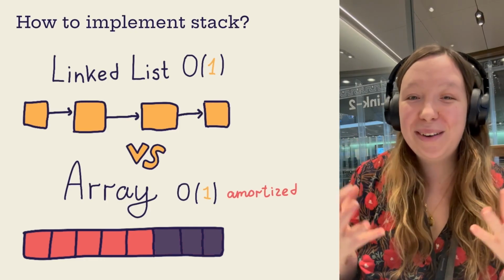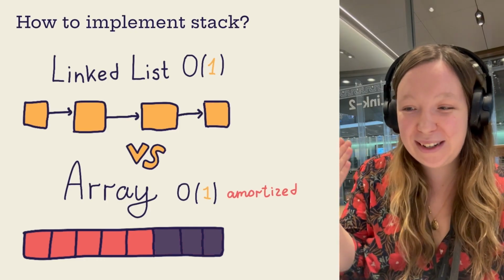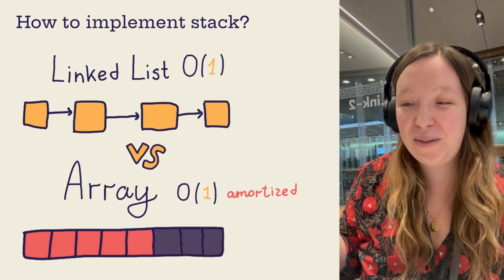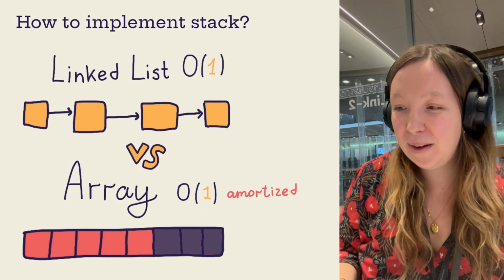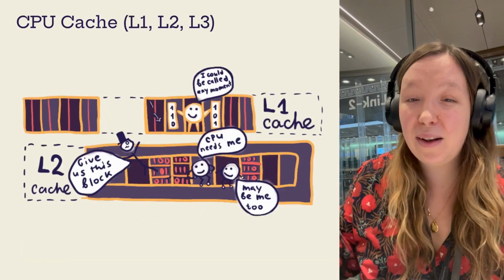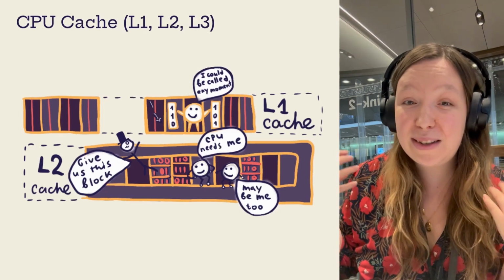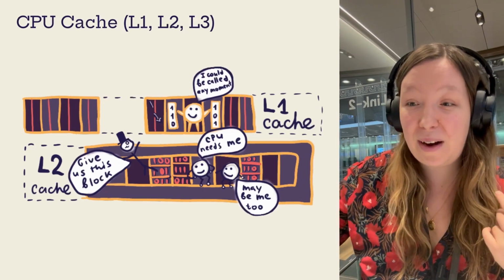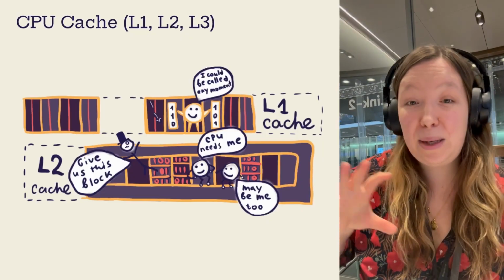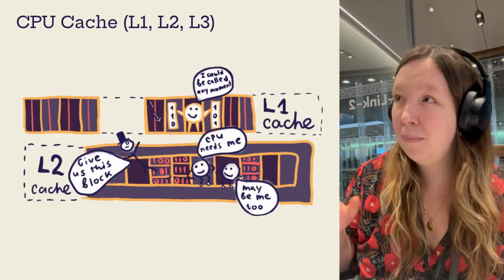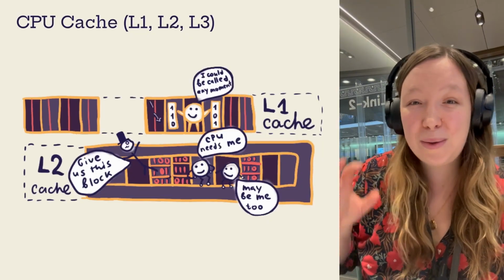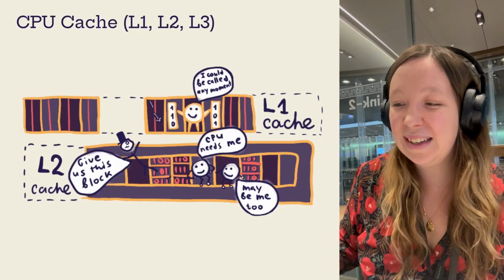Okay, I hoped you had thought about it a little bit, and you know which one it is. Because of caching and locality of array, all the elements are stored together and accessed faster. Access to CPU cache happens in tens of nanoseconds, 2 nanoseconds, 10 nanoseconds.